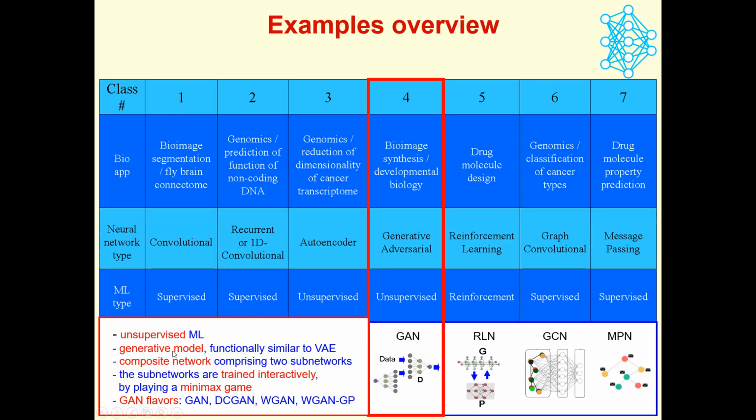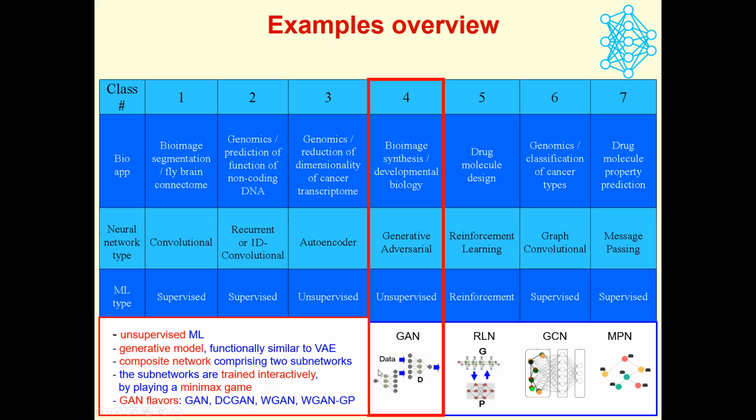The next feature is that it is a generative model functionally similar to variational autoencoder. I already mentioned that. Then it is a composite network comprising two subnetworks. From that point of view, it is somewhat similar to the example of class number 3, where we also had a composite network, encoder and decoder. The networks in the GAN are trained interactively by playing a minimax game.